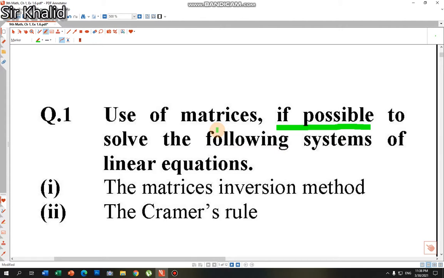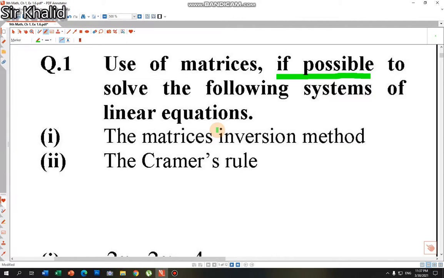When you are asked to solve the following system of linear equations, you have to follow two methods. Method number 1, the matrix inversion method. Number 2, Cramer's rule.